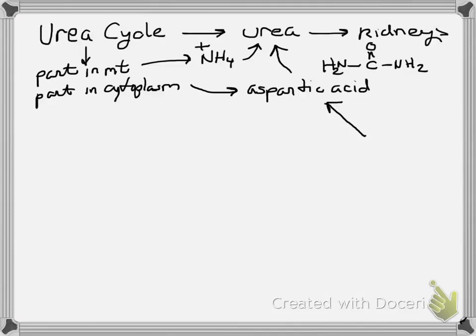Remember, we had to restore alpha ketoglutarate in order for these reactions to continue. The way this happens is that we take the amine from glutamate and put it onto oxaloacetate.